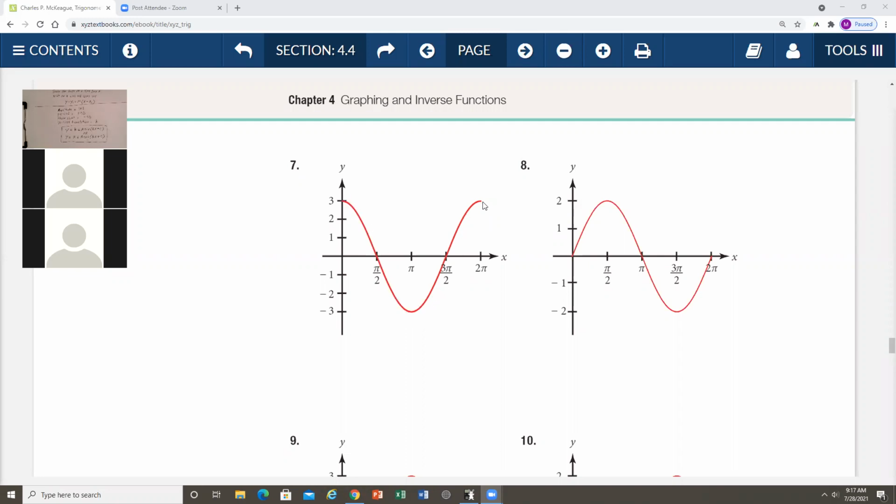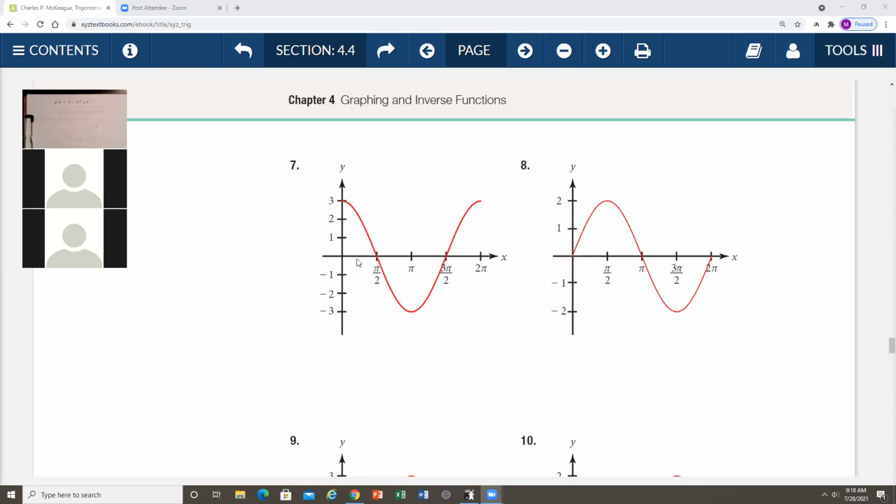Amplitude of 3. 3 is the amplitude, okay? So let's document that on our paper that the amplitude is 3. Just jot that down. Of course, that will be the absolute value of A. And that literally will be A in this case, that number A.